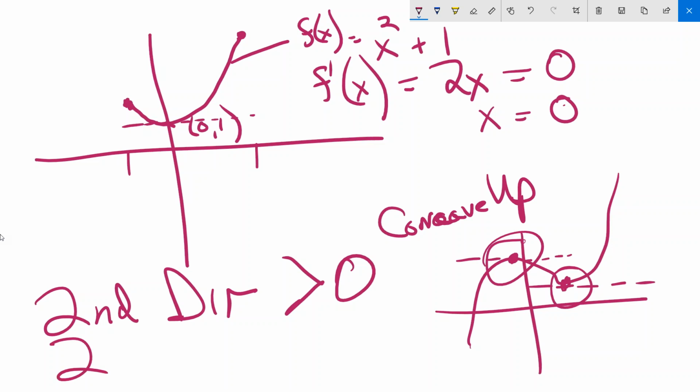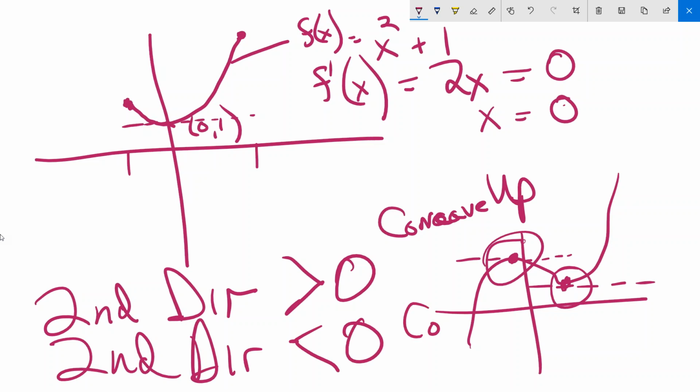If the second derivative is less than 0, it is concave down. That's pretty easy to remember because concavity up goes with greater than 0, concavity down goes with less than 0.